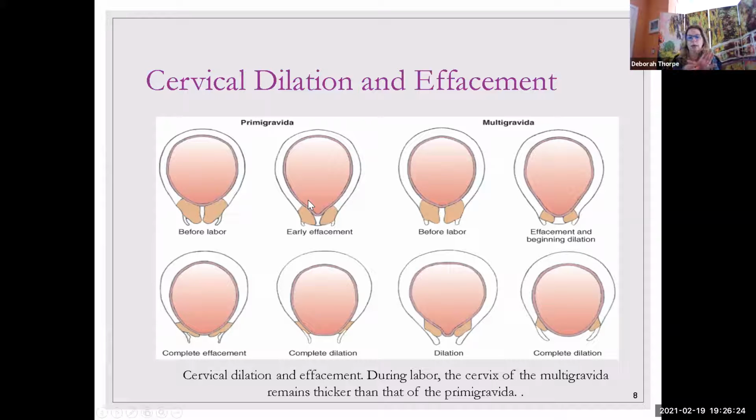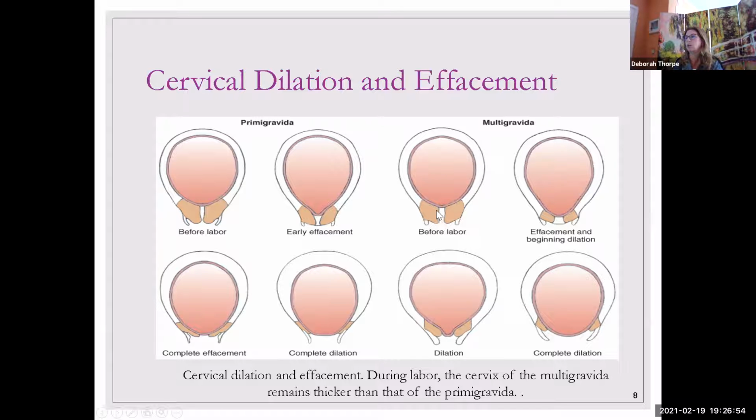So if you keep feeling, the doctor will say, yeah, she's still not all the way effaced, or she might be 80%. Well, there's something going on. The pressure of the presenting part is not putting enough pressure on the cervix to get it to thin out, and she'll get stuck. There's something else going on why it's not happening. That being said, with a multip, you may not see it ever get that thin again, but it'll start out, see how thick this one is?